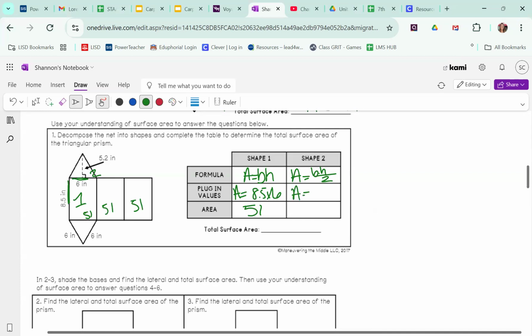For the triangle, we're going to get 5.2 times 6 divided by 2. So that's going to give me 15.6. Okay. And remember, you're multiplying that times 2 as well because there's 2 of them. So when we add all that up, we get 184.2 inches squared.